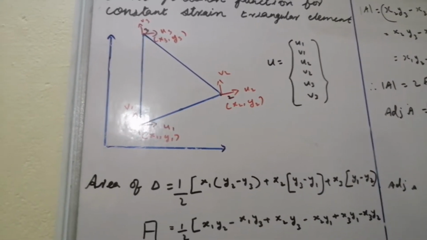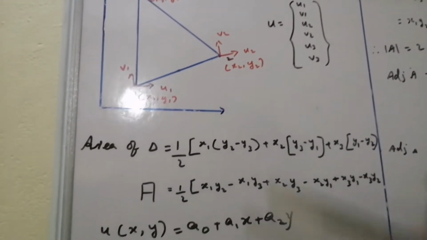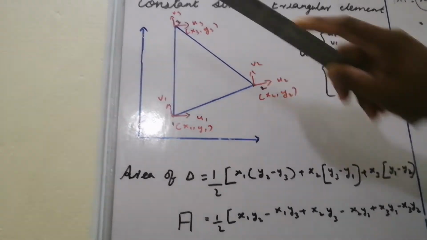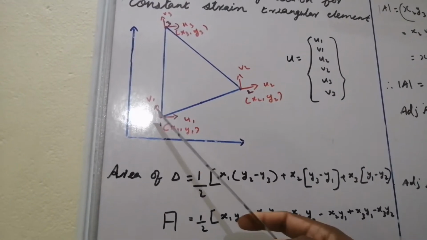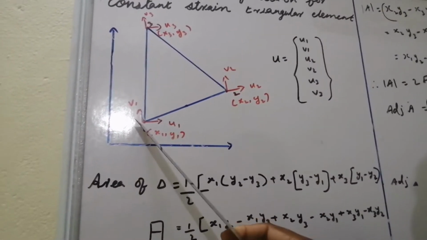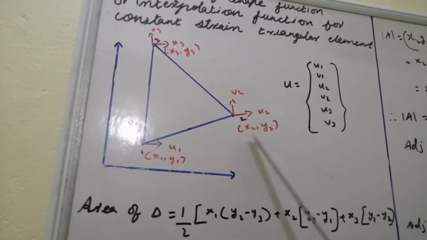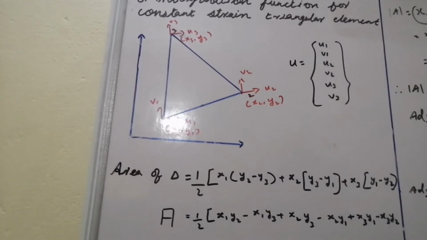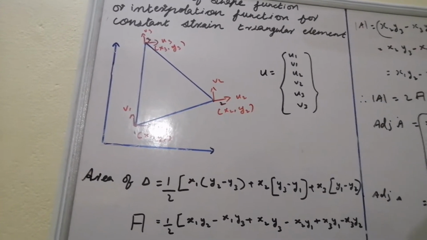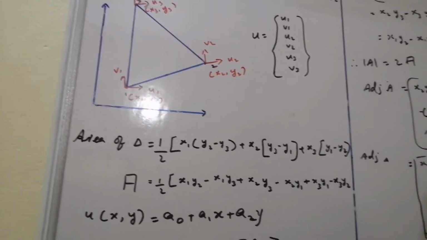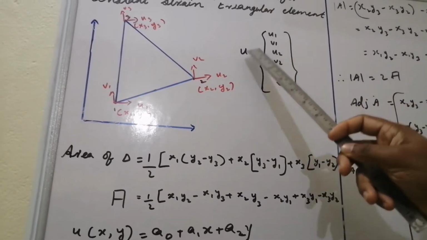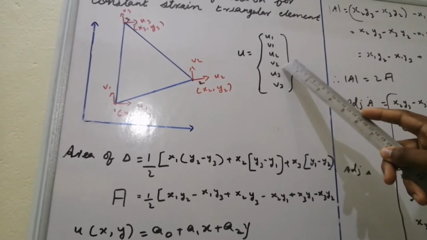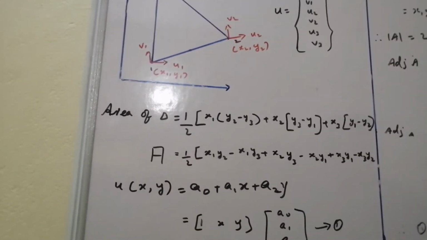So if we are having 3 nodes, we will have 6 displacements, that is u1 v1, u2 v2 and u3 v3, and we are mentioning each node's coordinates: for 1 x1 y1, for 2 x2 y2 and for 3 x3 y3. And if we write the displacement in matrix form, we get u equal to u1 v1 u2 v2 and u3 v3.